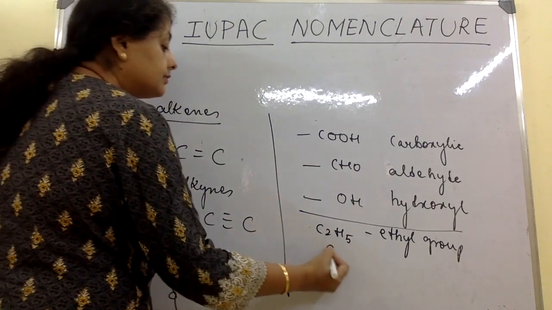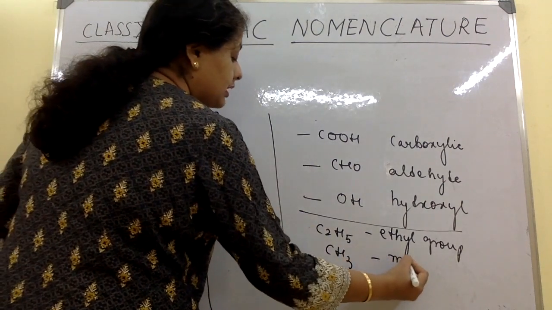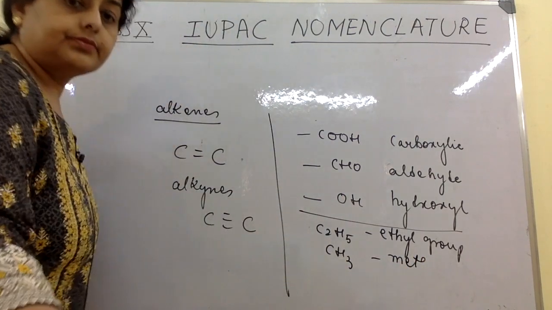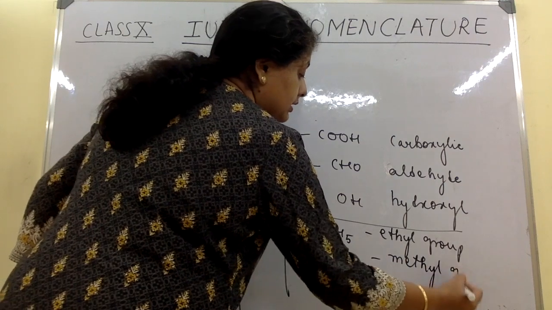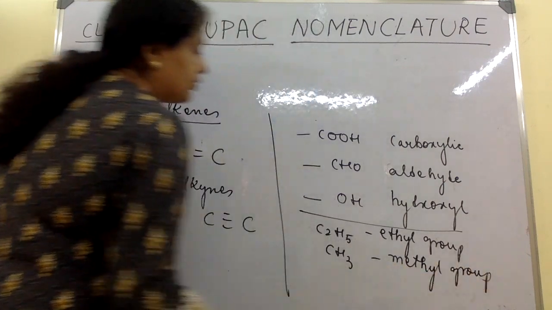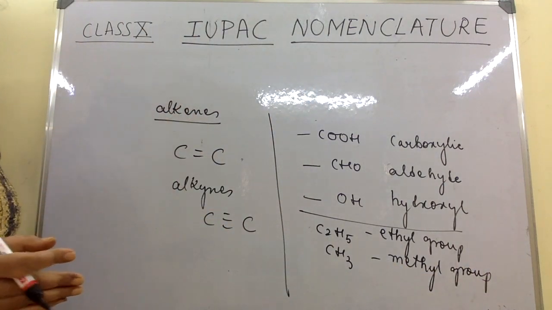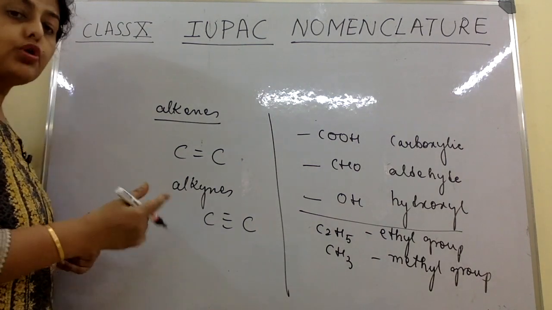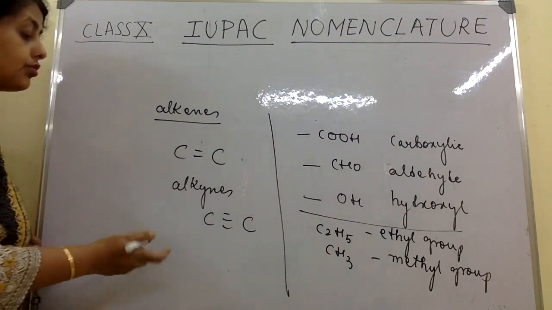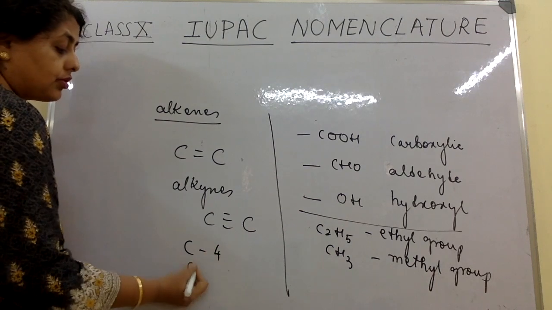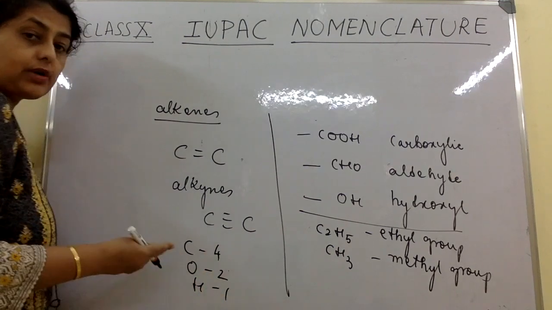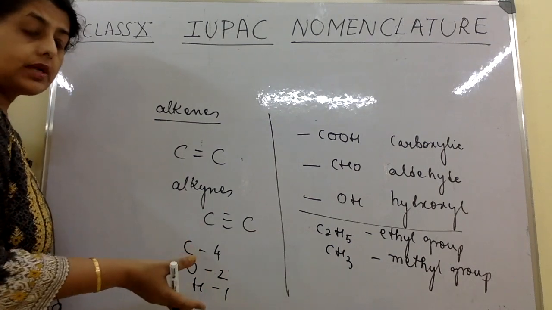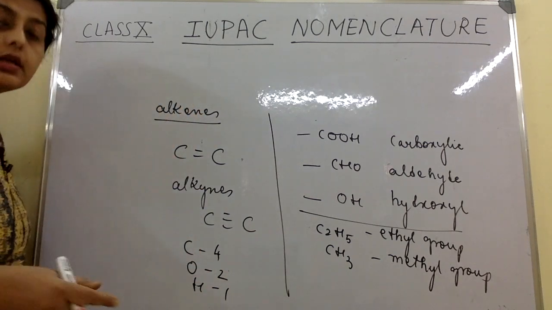CH3 is the methyl group. Knowing this is very important in order to continue. We also need to know that carbon has a valency of 4, oxygen has a valency of 2, and hydrogen has a valency of 1.